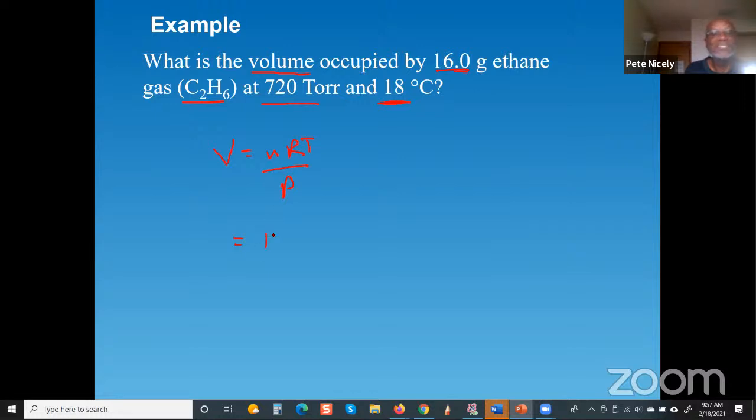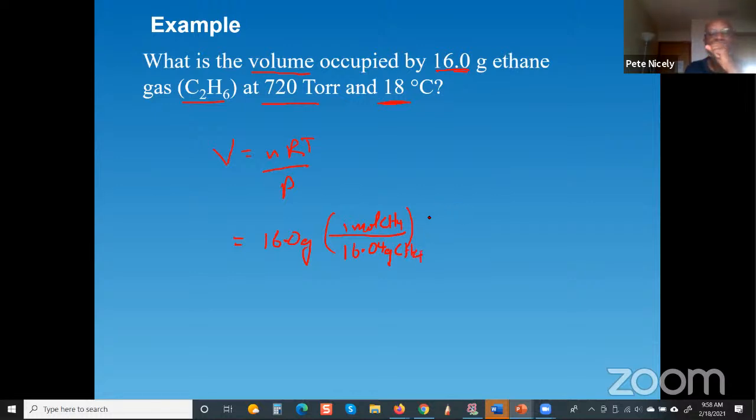So we're going to start off with 16.0 grams of methane. And then we have to convert to moles. So it will be 1 mole of methane. And the molar mass, I think we did this before. If I remember correctly, it's 16.04 grams, right? Somebody can correct me if I'm wrong, but I think that's the molar mass of methane, all right?